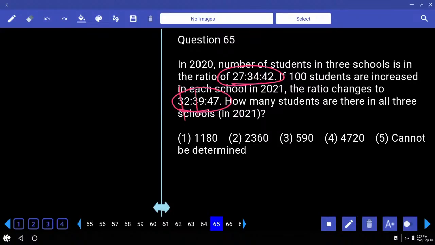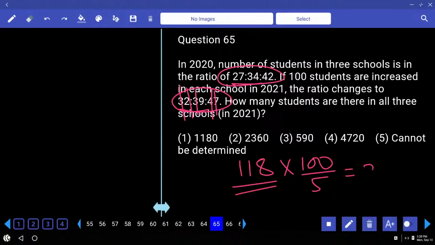So 32 plus 39 plus 47 is 118 parts, where 1 part is equal to 100 by 5. When you want to divide a number by 5, how do you do that? Divide it by 10 and multiply by 2. 2 times of this number is 236, and then 1 more 0. Over.